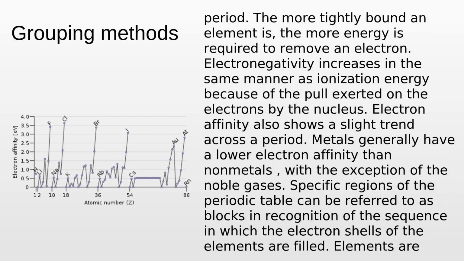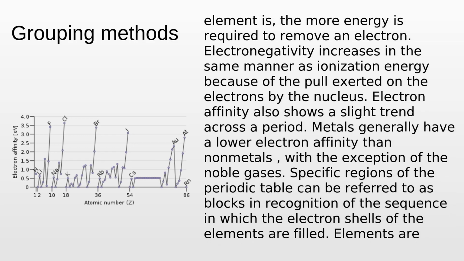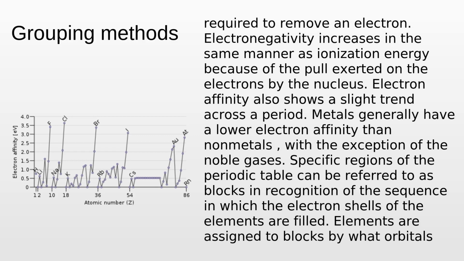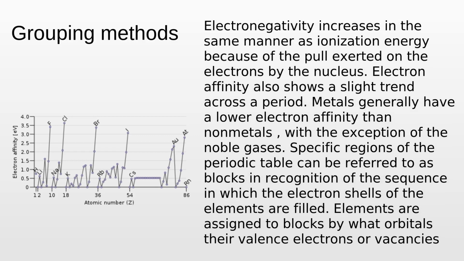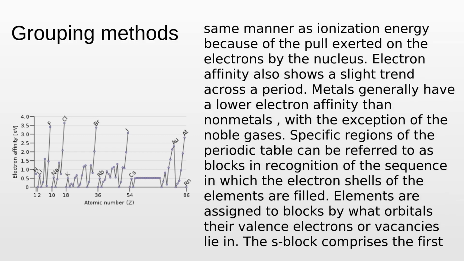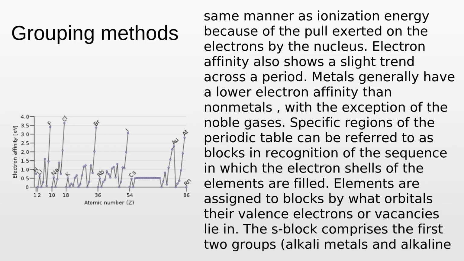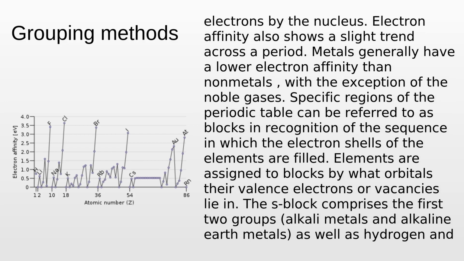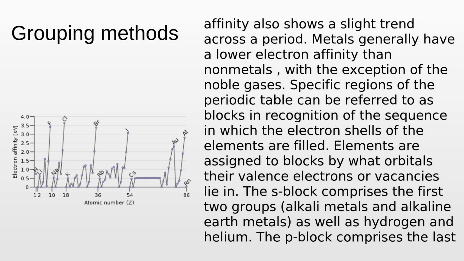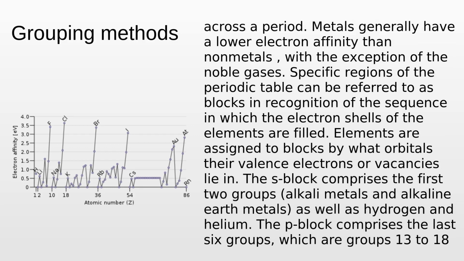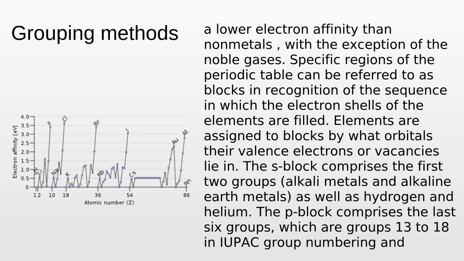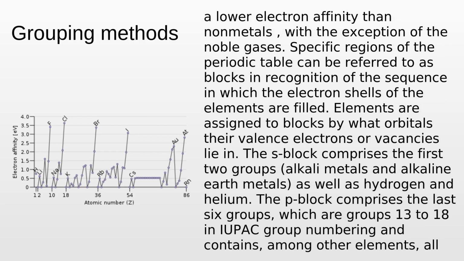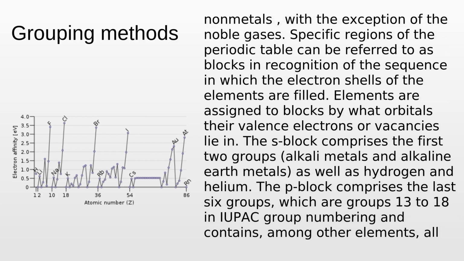The more tightly bound an element is, the more energy is required to remove an electron. Electronegativity increases in the same manner as ionization energy because of the pull exerted on the electrons by the nucleus. Electron affinity also shows a slight trend across a period. Metals generally have a lower electron affinity than nonmetals, with the exception of the noble gases.